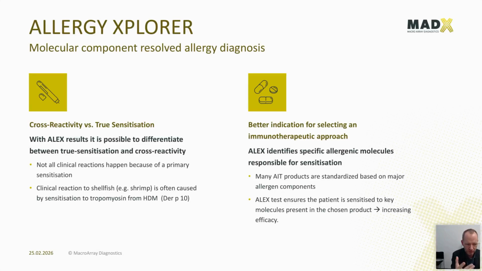This is important when you're considering an immunotherapeutic approach. Treating the patient with any kind of shrimp extract, AIT therapy or OIT won't be particularly beneficial. In this case, it would be better to treat the underlying sensitization to tropomyosin, which would then have the knock-on effect of hopefully treating the shellfish allergy too.